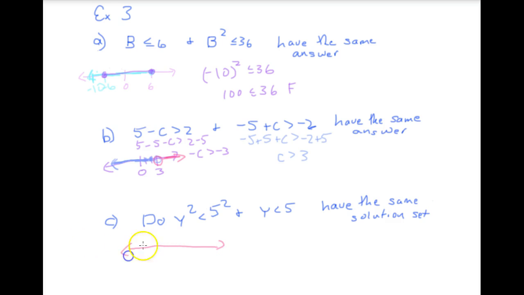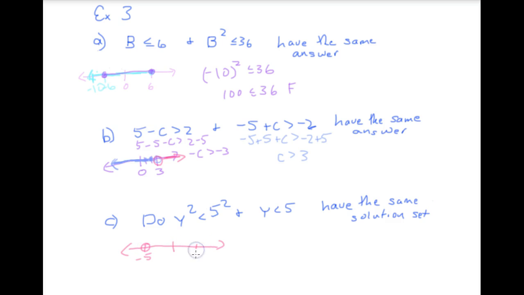Y squared is less than 5 squared. Now here again, this is very similar to the one up here where we could have negative 4 in here. That would give us 16, which would be less than 25. We could even come really close. We could pick negative 5 as long as we left the choice open.